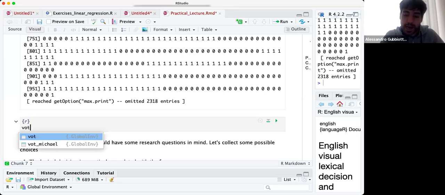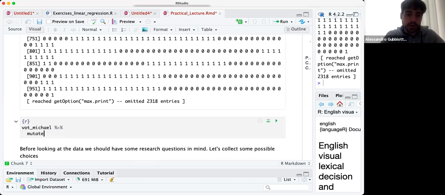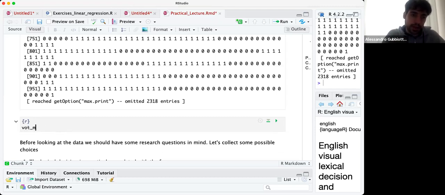So vocal onset time of Michel, and we mutate it. We take the data, we mutate a column, or we can also simply bind the column, which is actually much easier.